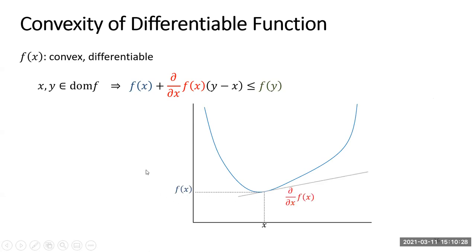I take another point y, oh no. So I draw a tangent to this curve at x, and this is the tangent. This straight line here is the tangent to this curve. Therefore, the slope of this tangent is equal to the derivative of the function, right?